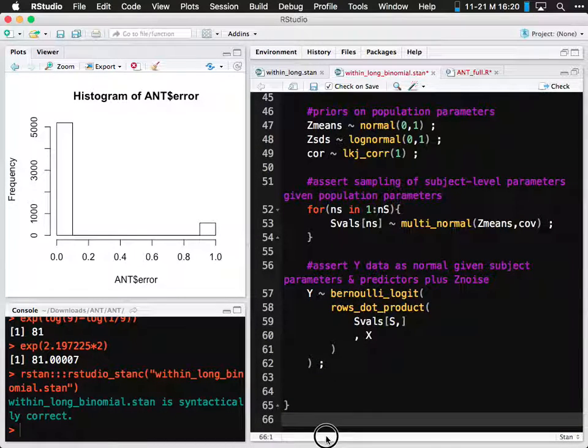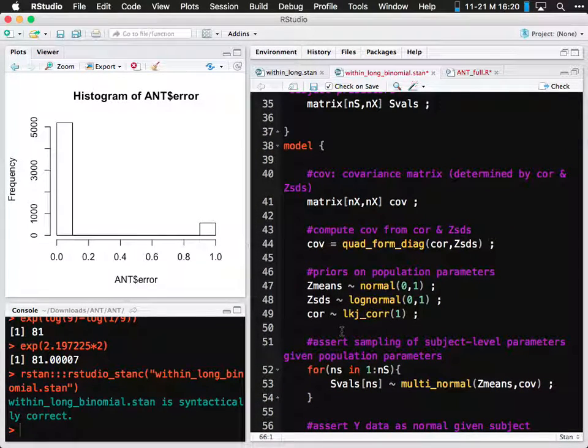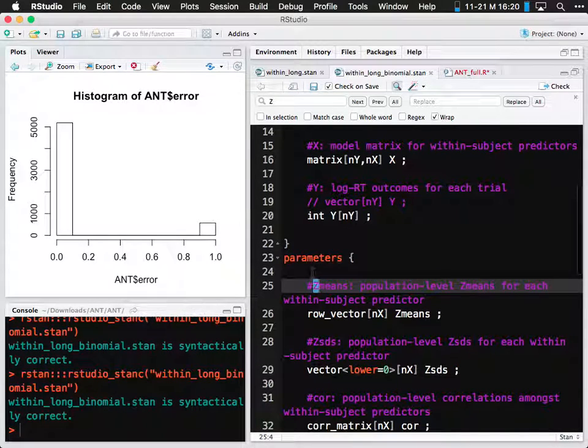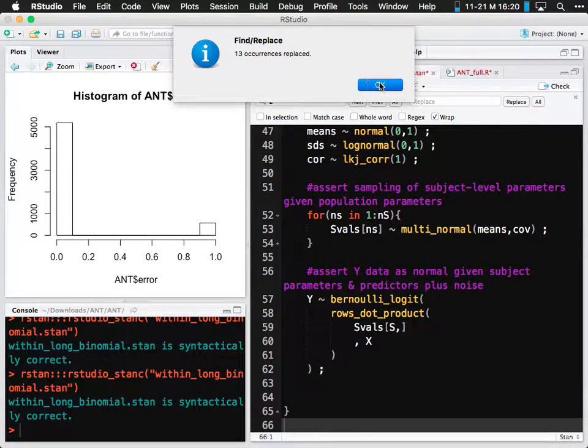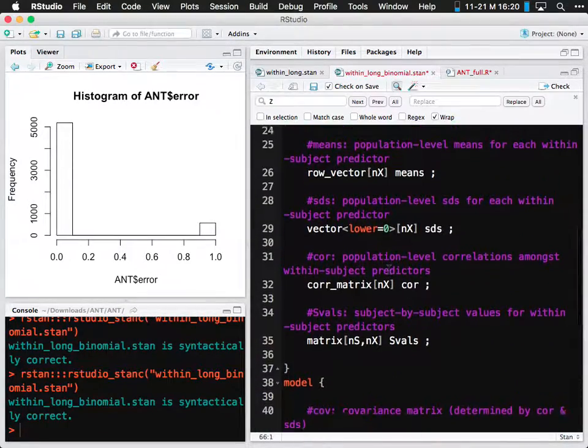We got rid of the generated quantities as well. For the priors on population parameters, we can get rid of the Z, right? Because we don't transform in this. Yes, good call. Not that it really makes a difference. You can actually just do a find and replace for Z and replace all with nothing. That should do just fine.